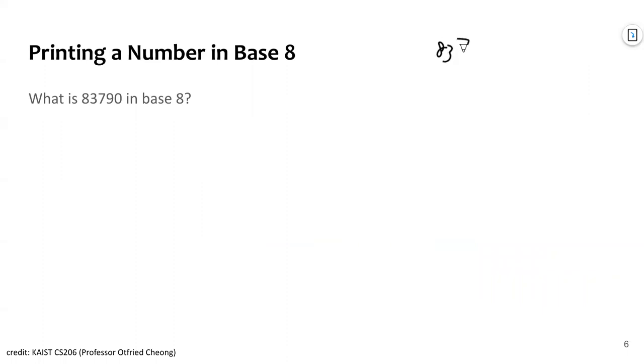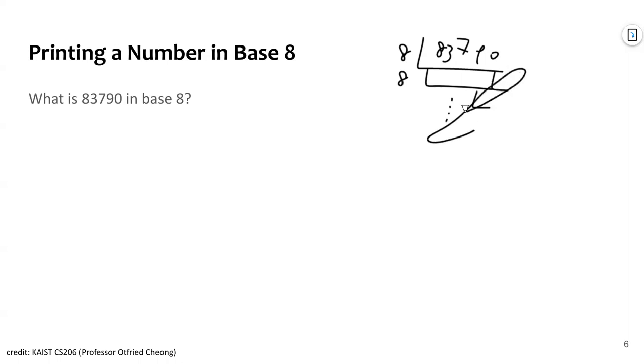We write down this number here, and we divide it by 8, and we find the remainder, and we do the division again, and find the next remainder, and we keep on doing this, and write the remainders in sequence, and that is going to be this number in base 8, right? We know how to do this by hand.